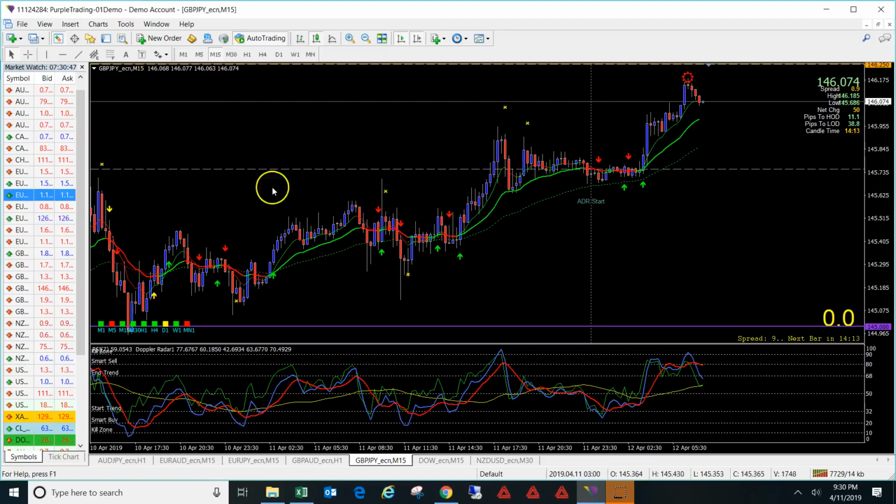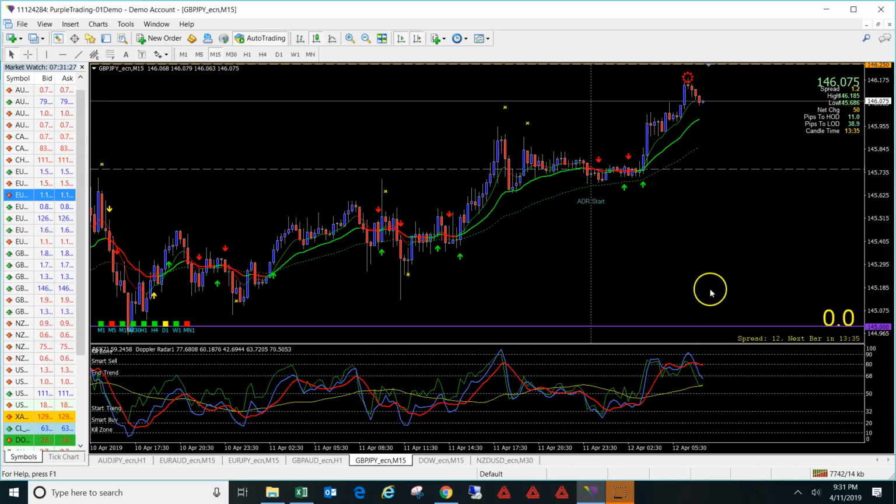Another thing to be aware of: let's say you were trying to sell this. Of course, they say trade the trend, but some people do counter-trend trade, and it can be tricky because, even though you have this reversal here and the RSI is pretty overbought down here, you may think, okay, this is a good sale, I'm just going to jump in.